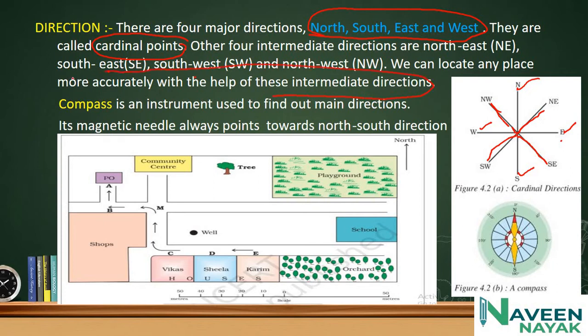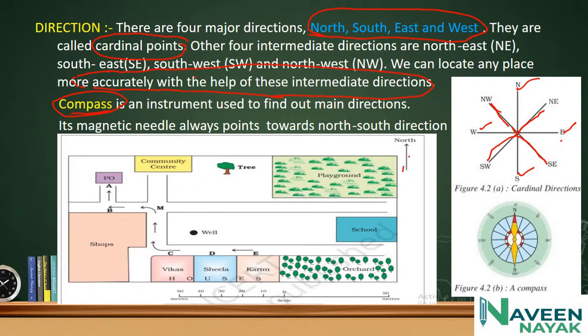For finding directions, we use an instrument called a compass. A compass is an instrument used to find out main directions. So you have a map over here. Have a look. You can see the directions.